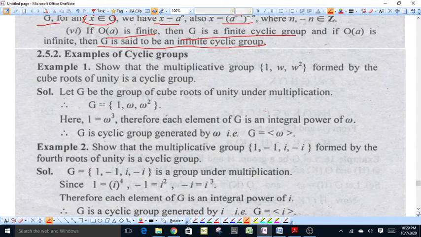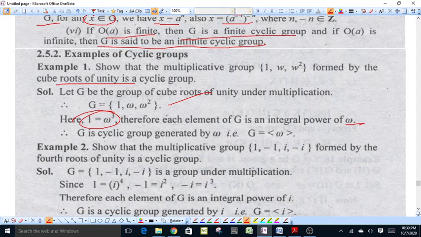Suppose we have a group 1, omega, omega square formed by the cube roots of unity. We have to show that this is a cyclic group. Let G be a group of cube roots of unity 1, omega and omega square. Here 1 is equal to omega cube. Therefore, each element of G is an integral power of omega.